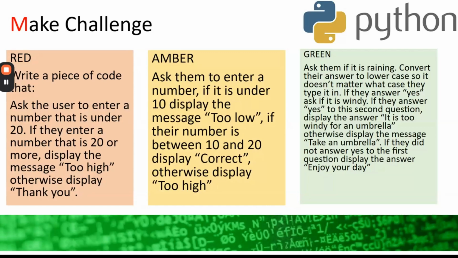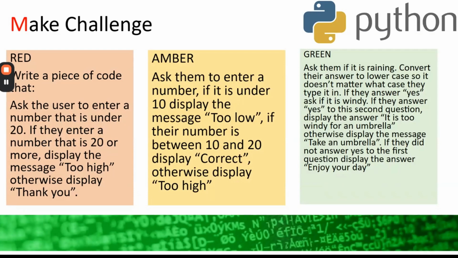And then green, ask them if it's raining, so words. Convert the answer to lowercase. Now, that's exactly the same as we might have just done with the password, with the sun and moon one, but instead of using upper, use the command lower. So you can transfer something to being lower by just doing lower, L-O-W-E-R, bracket, bracket.